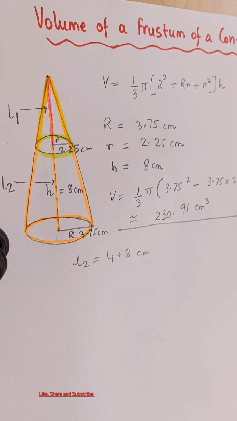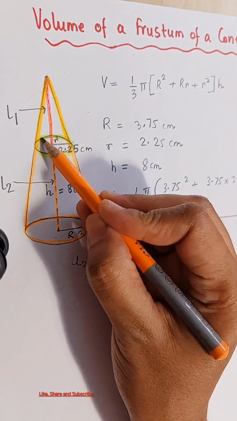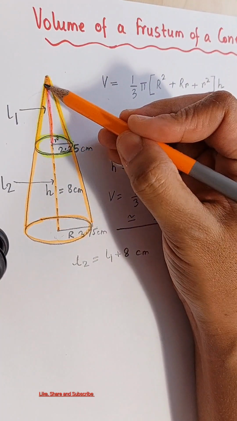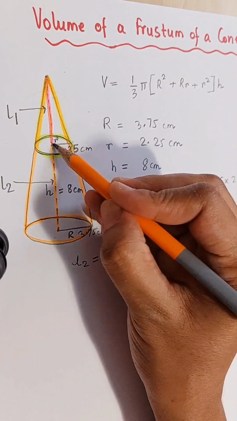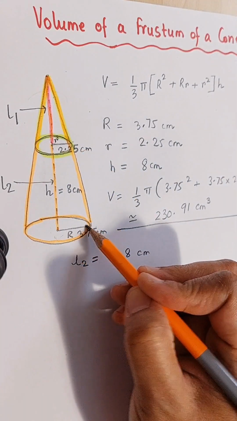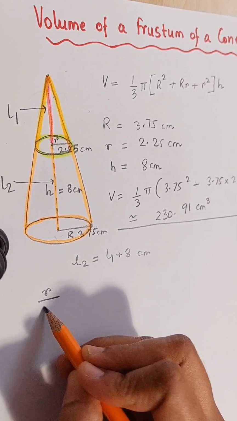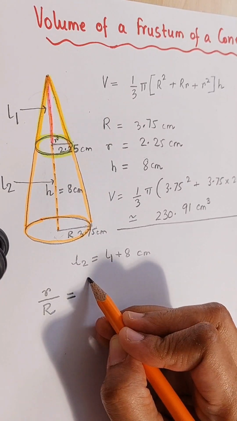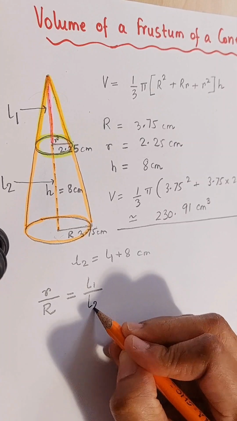Now, because these two are overlapping, the smaller cone is a part of the bigger cone, so the ratio of the small r and the big R should be equal to the ratio of the smaller height and the bigger height.